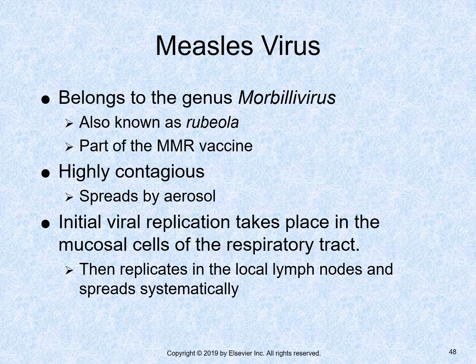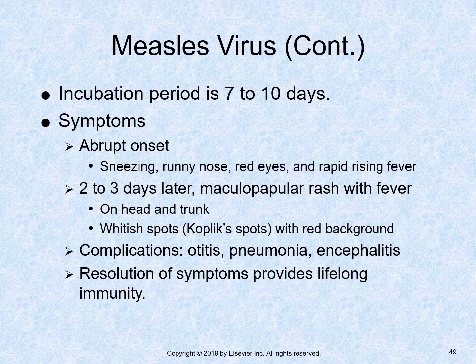The virus circulates in T and B cells and monocytes until eventually the lungs, gut, bile duct, bladder, skin, and lymphatic organs are all involved in infection. After an incubation period of 7 to 10 days, there is an abrupt onset with symptoms of sneezing, runny nose, cough, red eyes, and rapidly rising temperature.